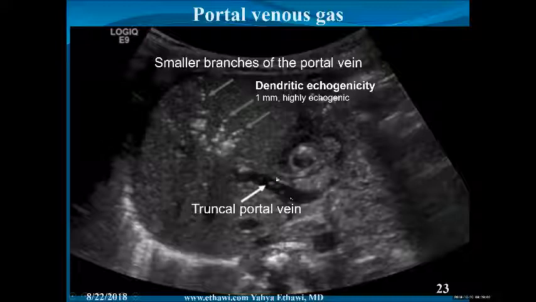And if you're suspicious, if you put your Doppler on it, you will see changing color, not only blue and red, you will see changing color. Turbulence of the flow. So this changing color is pathological.